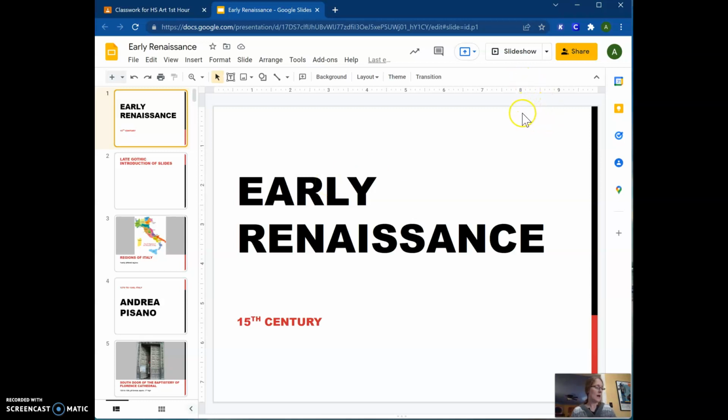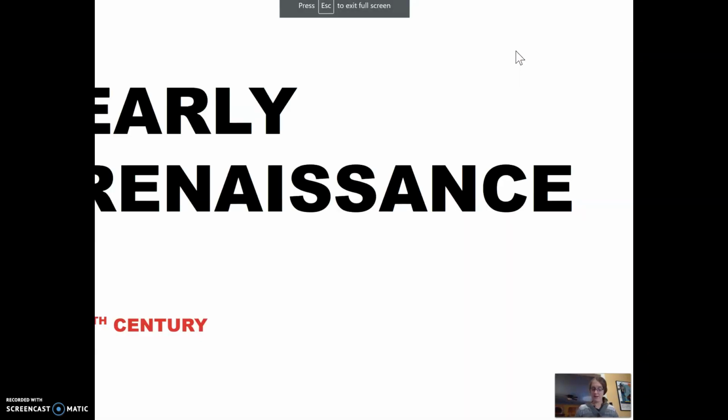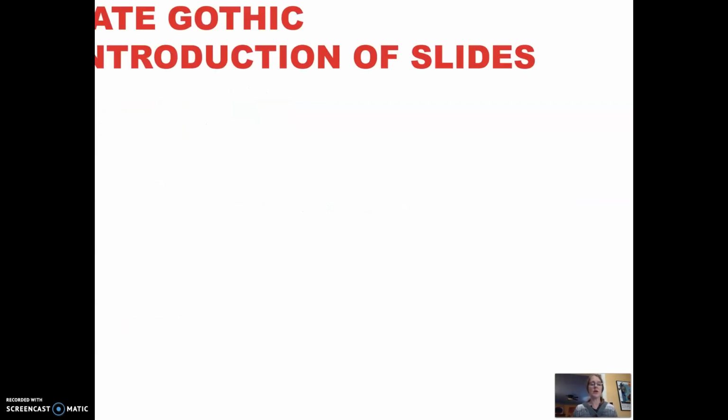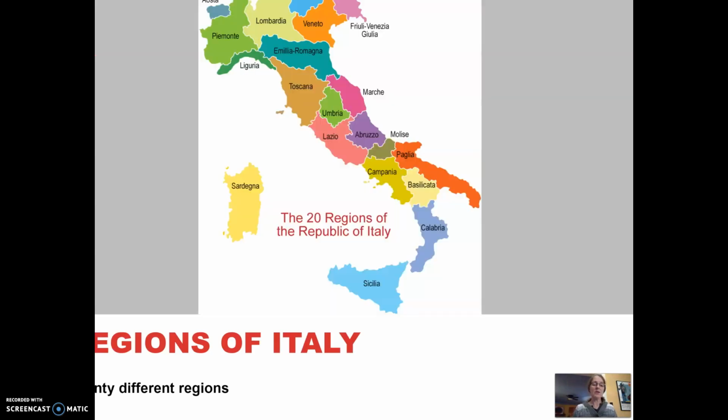So we're going to talk about early Renaissance art, and we're going to start with the late Gothic period, which is called the Proto-Renaissance. It's the period basically before the early Renaissance, all right? So basically, here is a map of Italy, and Italy is the country where the Renaissance began, okay?